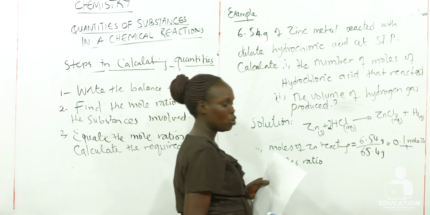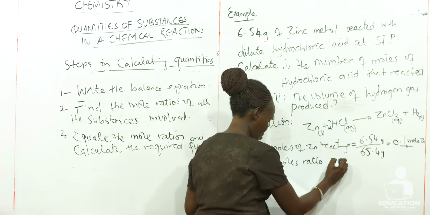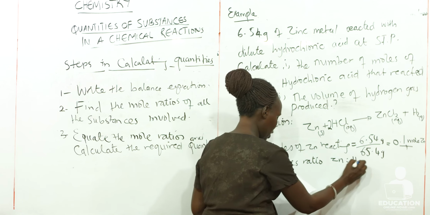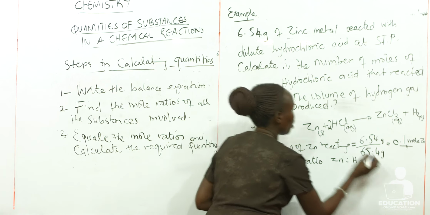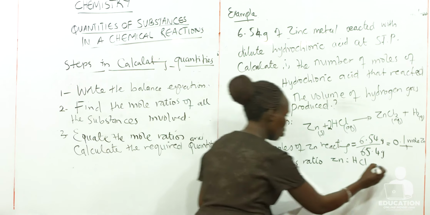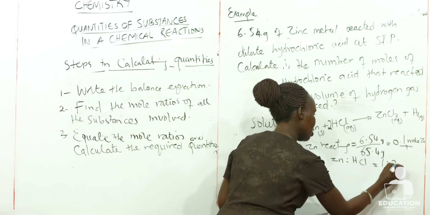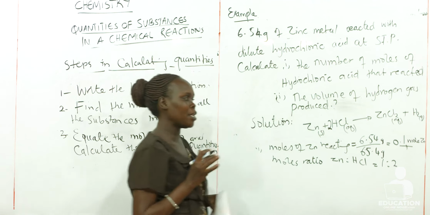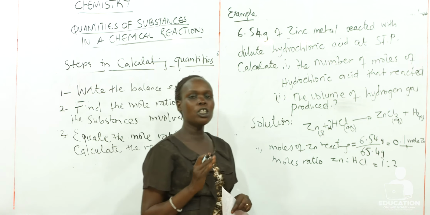So here the mole ratio of zinc to hydrochloric acid, according to the equation, is 1 to 2. It means we are going to multiply the number of moles of zinc by 2.